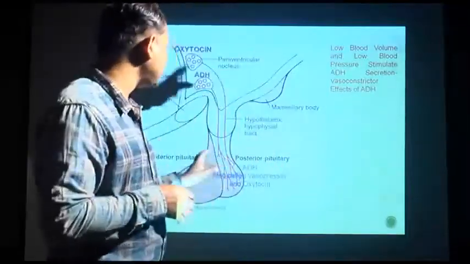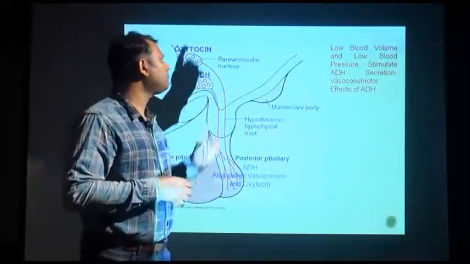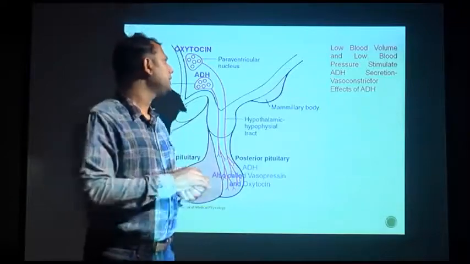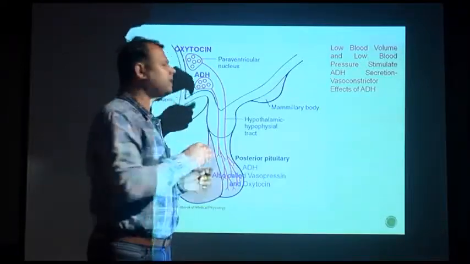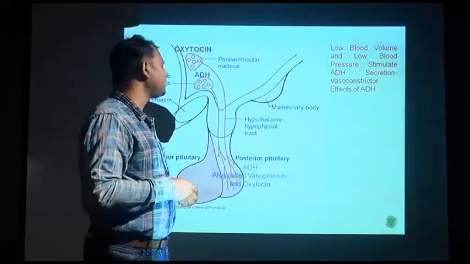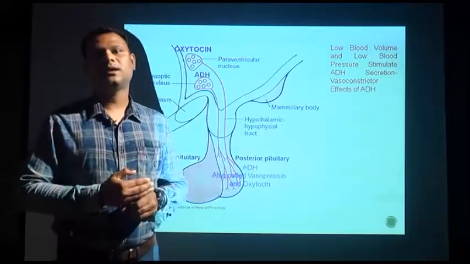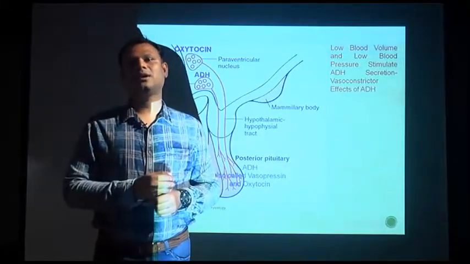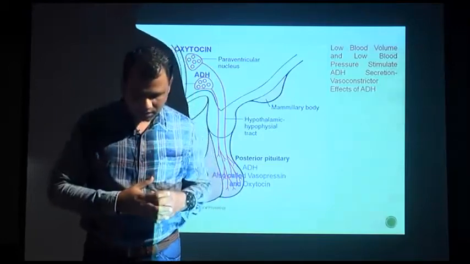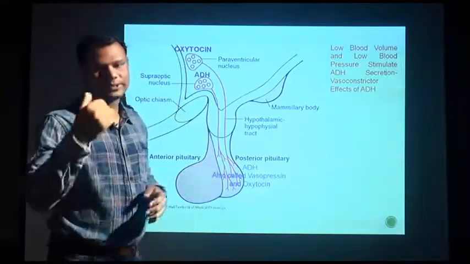Its other name is vasopressin, constriction of the blood vessels. If the blood volume goes down, the blood pressure goes down. The low blood pressure stimulates the secretion of ADH from the supraoptic nucleus of the hypothalamus. The secretion of ADH ultimately acts on the renal tubules to retain water, to absorb water because of ionic balance, and ultimately the blood pressure is regained.